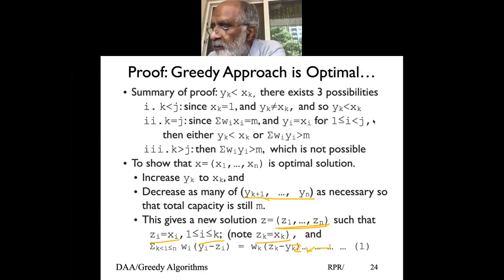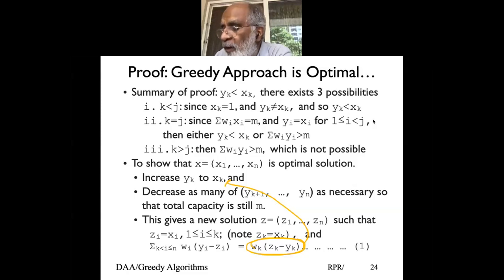So what happens is, because we are increasing so much, whatever weight I increase of the kth element, remember I increase yk to xk, this is the weight I increase for all remaining items from k plus 1 onwards.